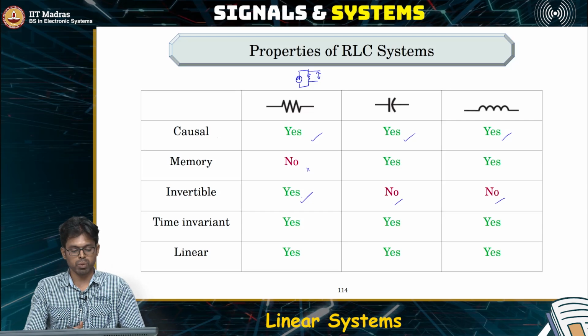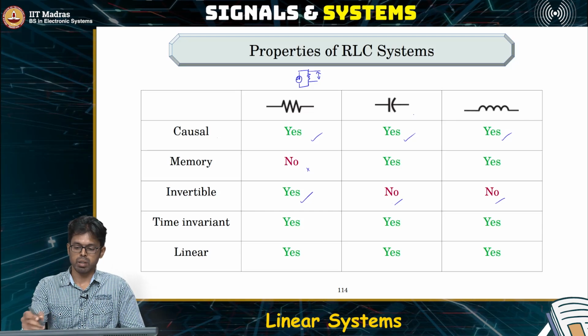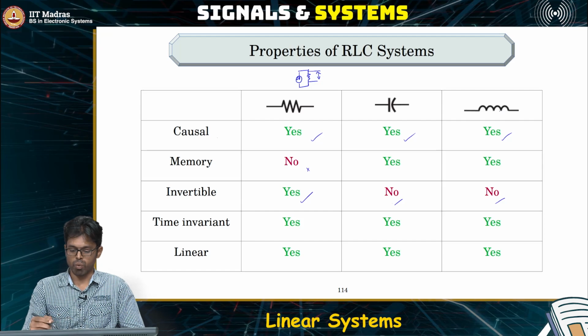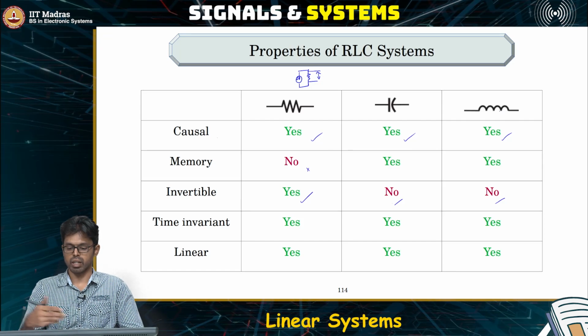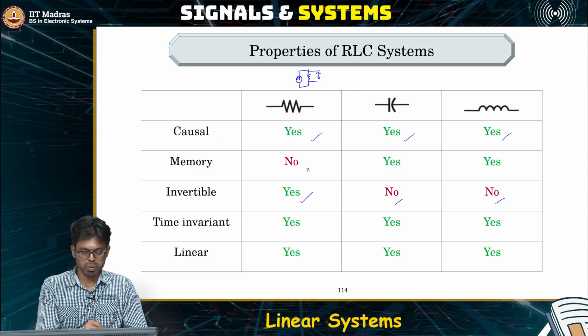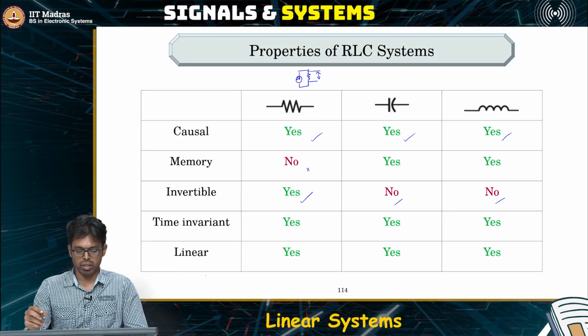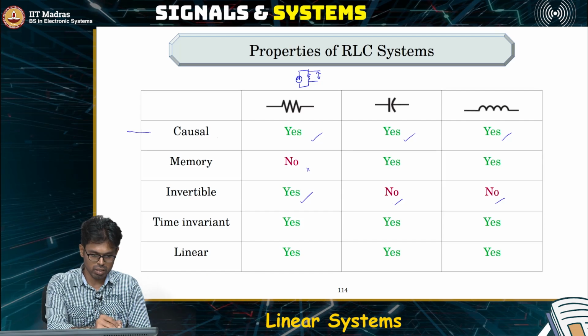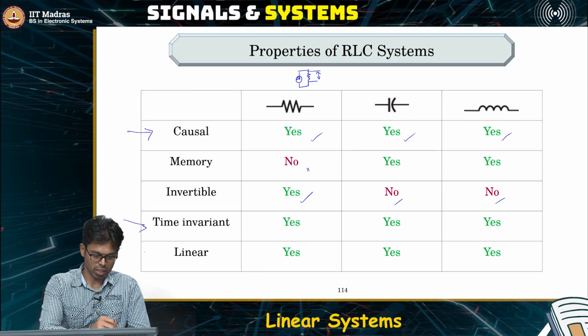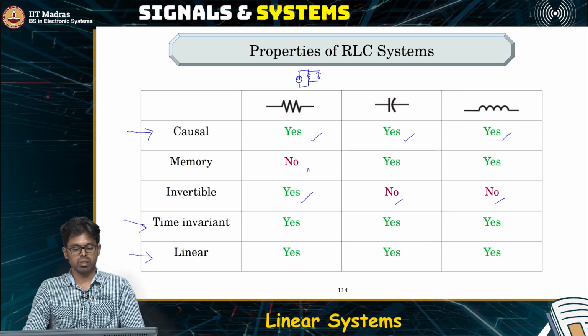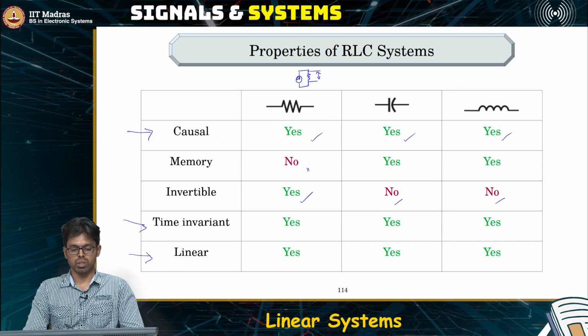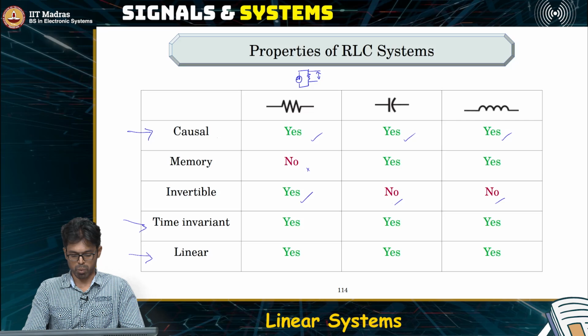And following the same notion, because the capacitor and inductor are modeled using the derivative and the integral operations, they are time invariant and they are linear. So as you can see, all these components satisfy these three properties simultaneously, and hence we'll focus in the future on systems which have these three properties together.